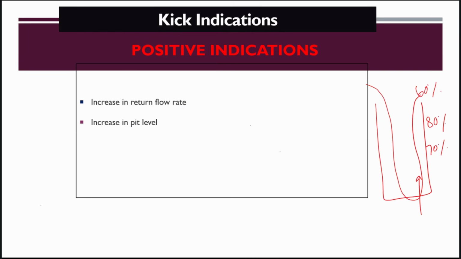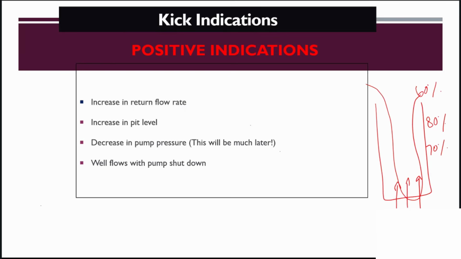If you see an increase in pit level while monitoring it, that extra volume is coming from the formation. And if you see any decrease in pump pressure, because the formation pressure is acting upwards, your pump pressure will decrease. This is also a positive indication. Shut down the well, close the well, secure the well.